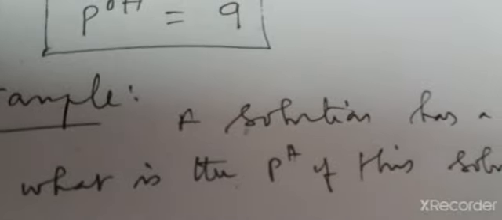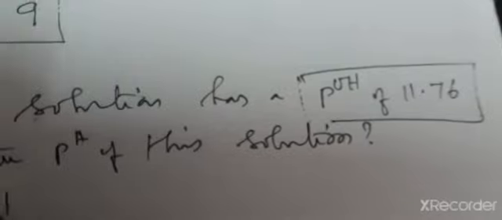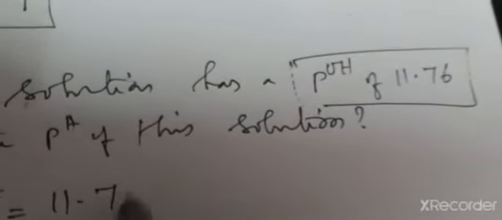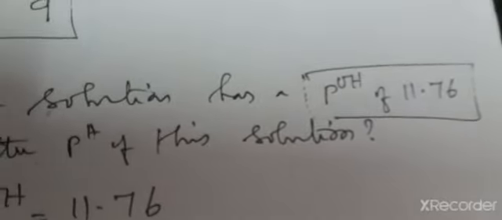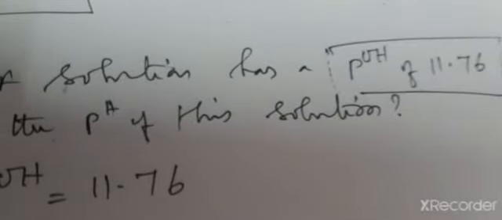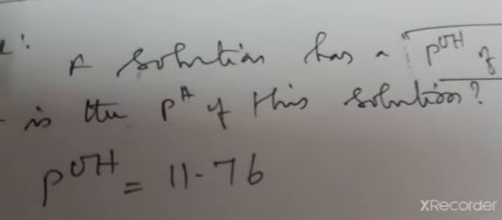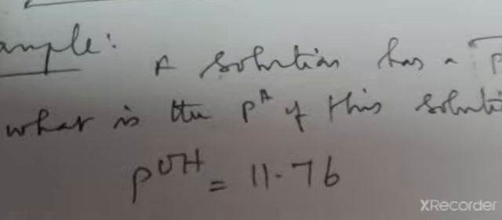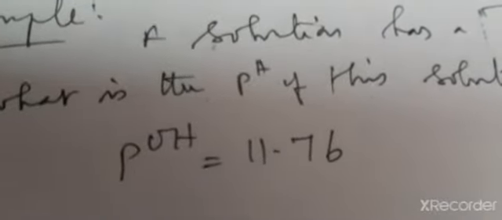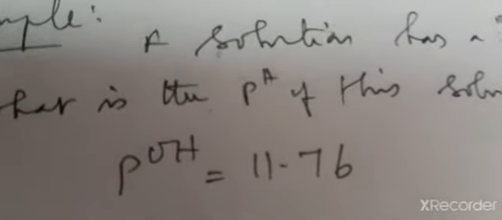See, pOH is given. pOH is equal to 11.76. They asked to calculate what is the pH. You know the simple relationship between pH and pOH, that pH plus pOH is equal to 14.